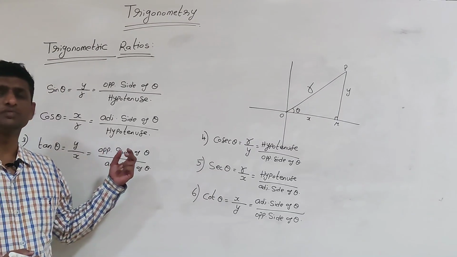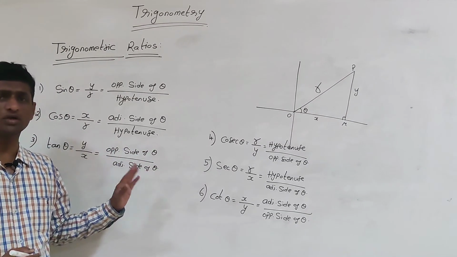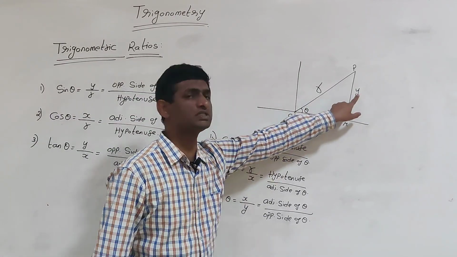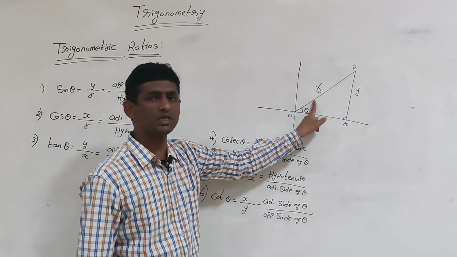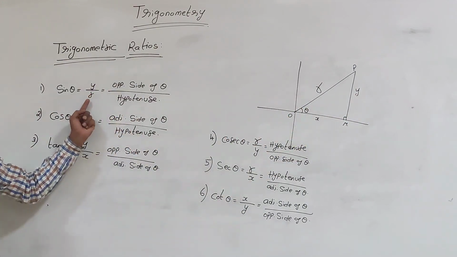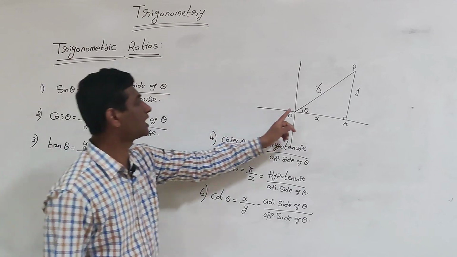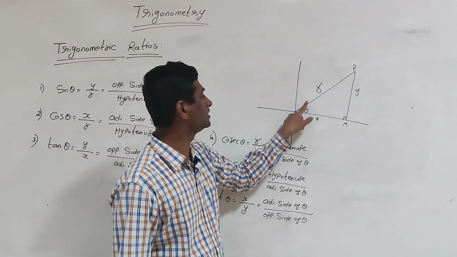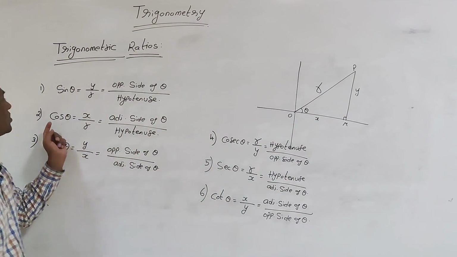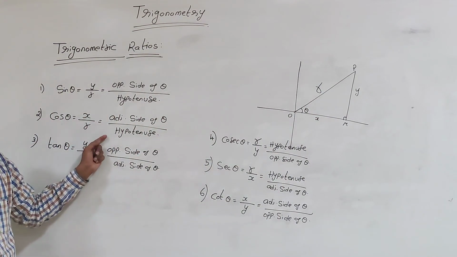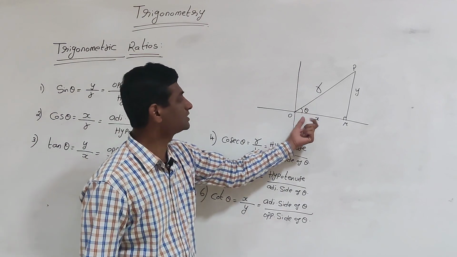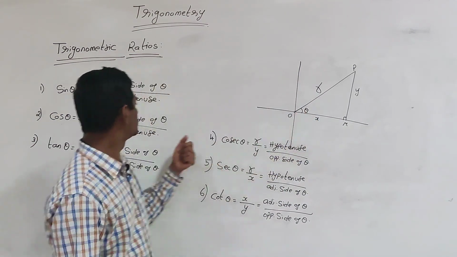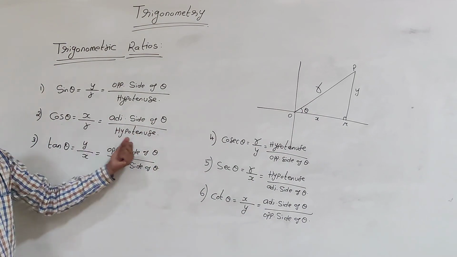So now we will see the trigonometric ratios in short. Sin theta is the opposite side of theta by hypotenuse, that is y by r, where the side opposite of theta is y and hypotenuse is r. Similarly, cos theta is x by r, the adjacent side of theta by hypotenuse.